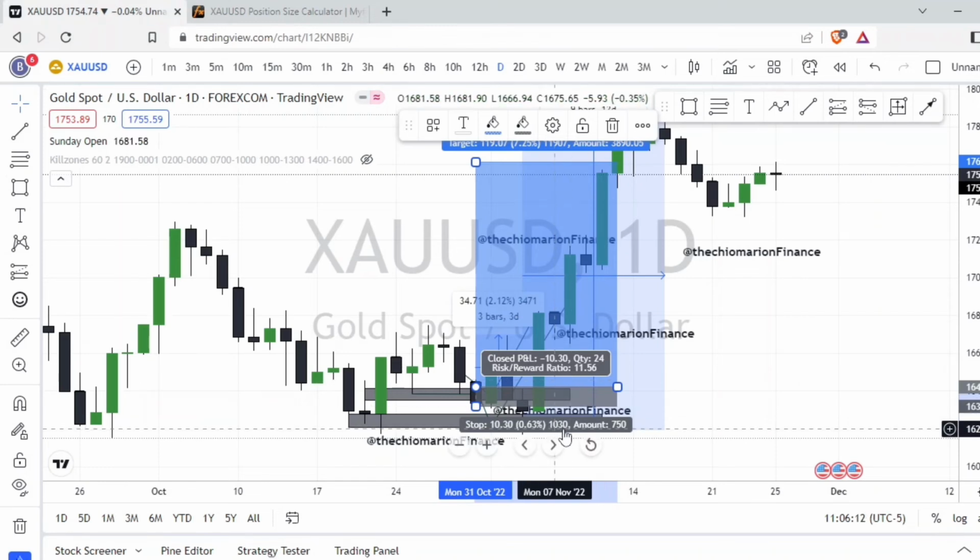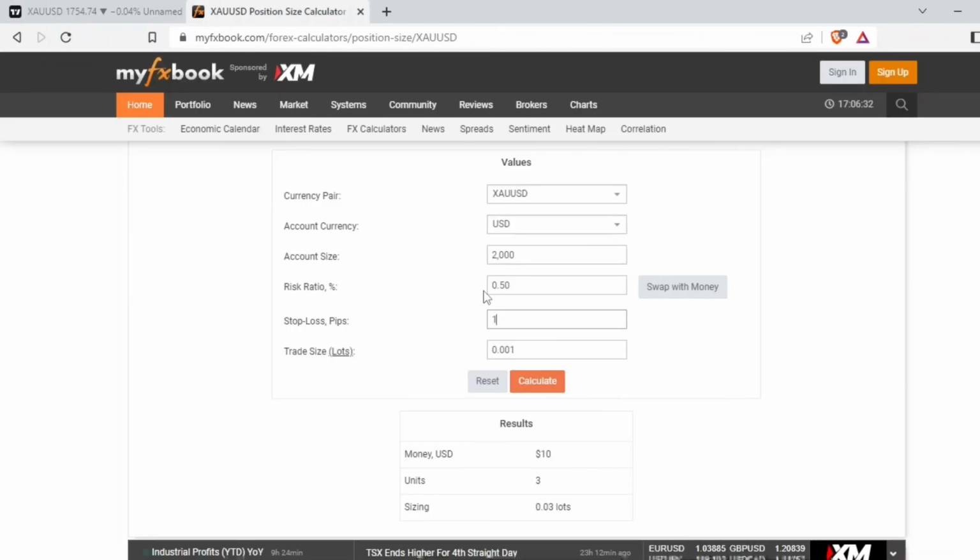This 1030 is what I'm going to be inputting on my FX calculator for me to get the lot size, so that I lose my 0.50 percent of my account balance. So I go to my calculator, I'm going to input 1030.